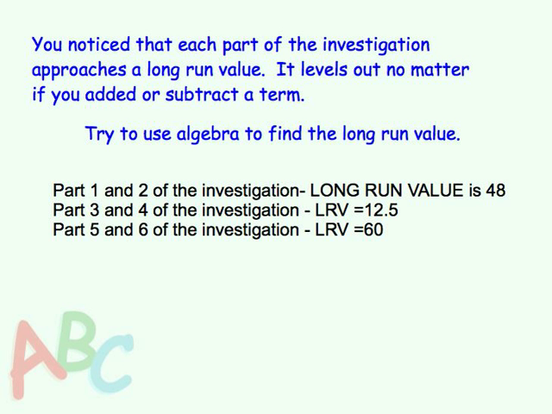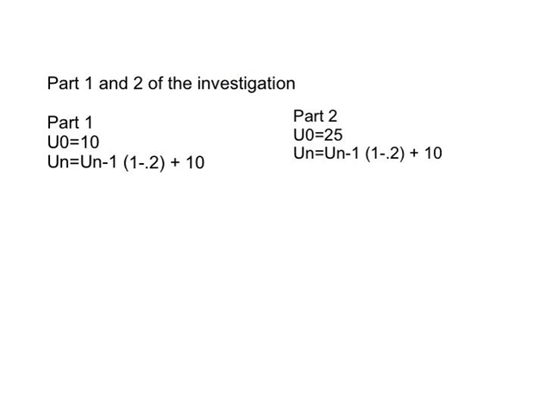Let me look at how I could possibly find the long-run values using algebra instead of relying on my calculator. Let me take a look closely at part 1 and part 2 of the investigation. Part 1 says that you start out with 10 Skittles.